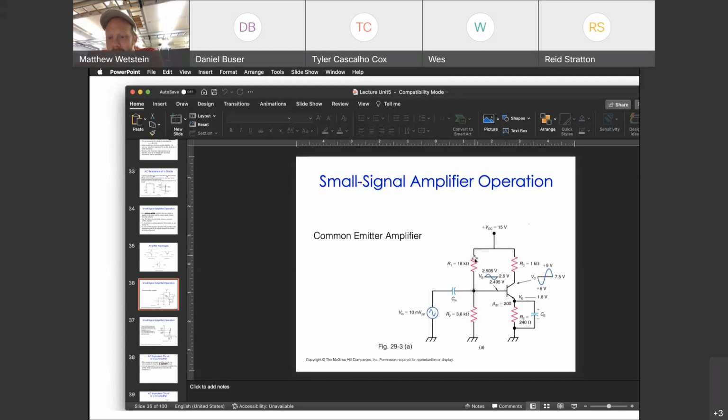But that's assuming that all of the current is going through these two resistors. The fact that a little bit of current is going into the base does change the balance a little bit. This voltage drop, I believe, is bigger than this voltage drop in that case.